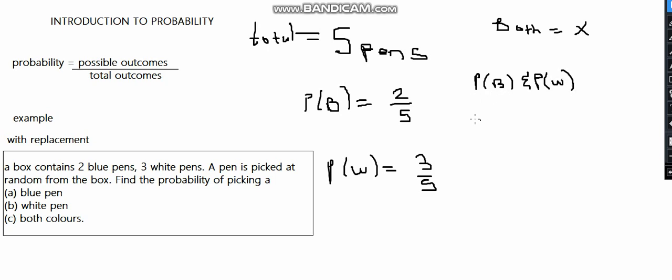The probability of blue is 2 over 5. Then we are multiplying, remember both means multiplication. The probability of white is 3 over 5. Then 2 times 3 we get 6. 5 times 5 you get 25. If this can also be reduced, make sure you reduce it. So this is the probability of blue and white at the same time.